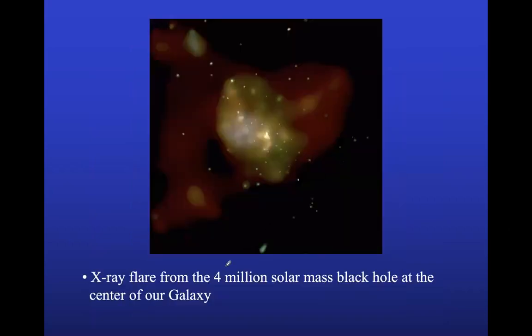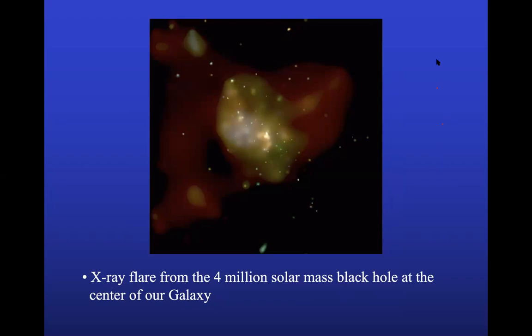Right. So this is actually an X-ray flare from the black hole at the center of our galaxy, right? I mentioned this on the first day: every galaxy has a supermassive black hole at its center, right?